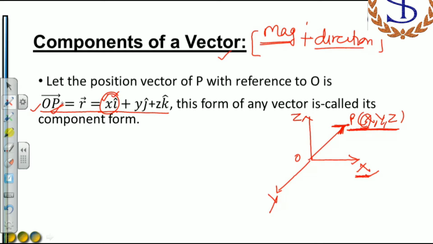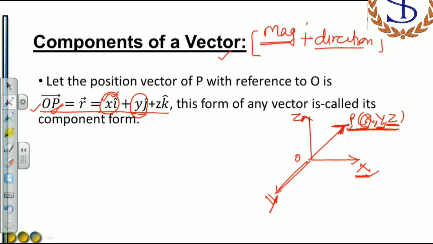Similarly, the term y is the magnitude of this point P in the direction of the y-axis. It means the second component of this vector is y and the direction is j cap, yj cap. This is the second component of the OP vector. And similarly the third one, z. This z is the magnitude of point P in the direction of z.